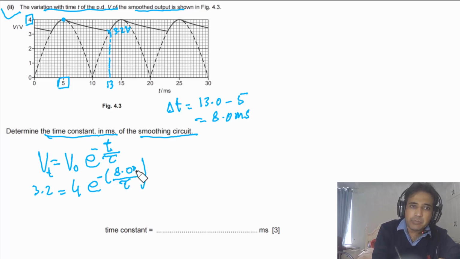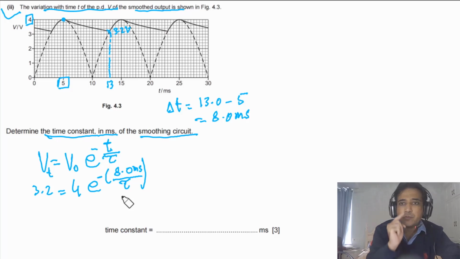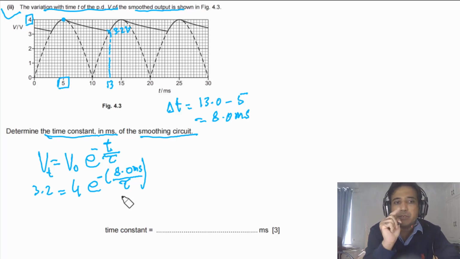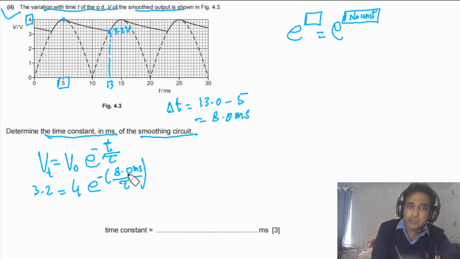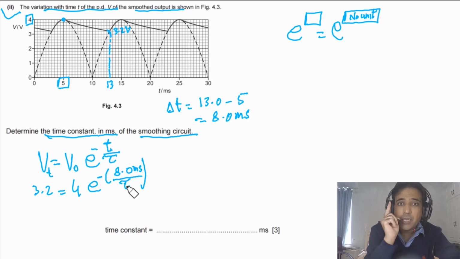As this is in milliseconds, the value of tau will also be in milliseconds, because the power of e has no units. So if the unit of t is millisecond, the unit of tau will also be millisecond. This is the key concept you need to understand.